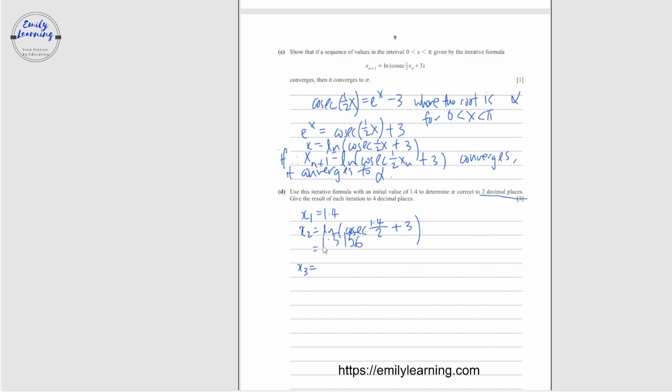Okay, then let's continue. I can't round off to 2 decimal places yet with just this. So let's continue. If I round this off, I get 1.49. If I round this off, I get 1.51, not similar.